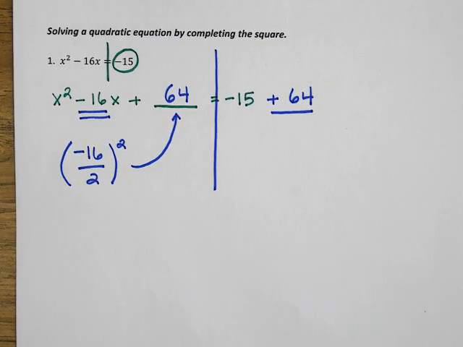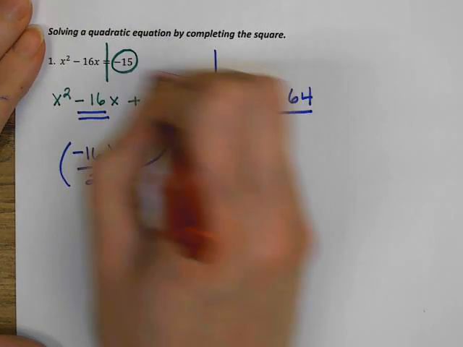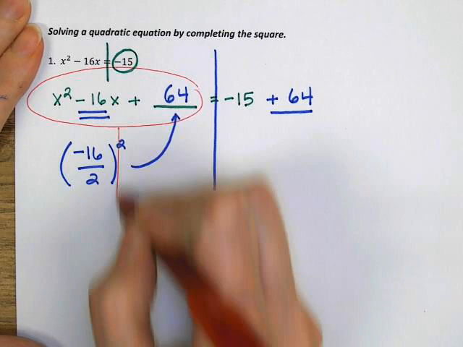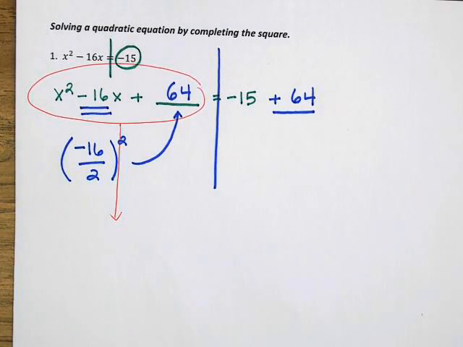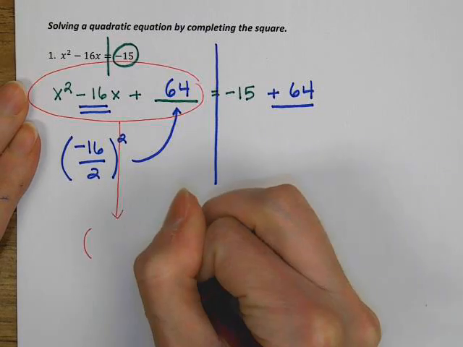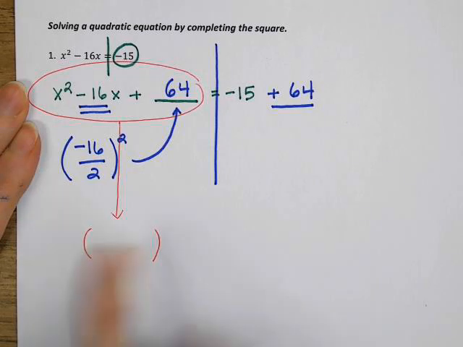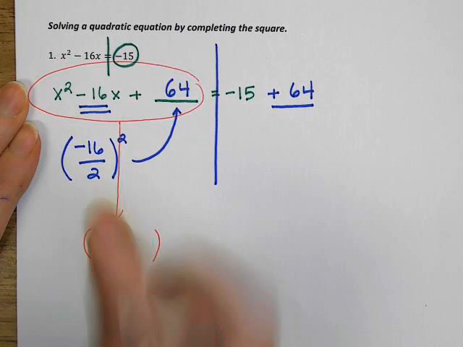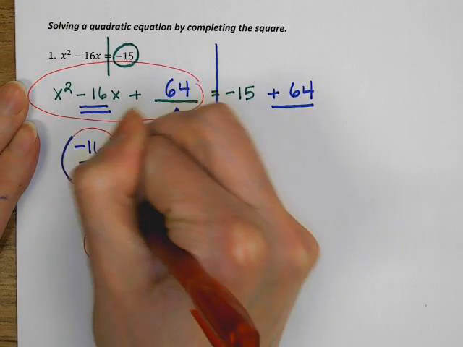Okay, now next step, we need to write this as a perfect square. So remember, we just did this on the front. To find this, it's going to be x, and then this number was just, remember, it was just the b over 2 part.